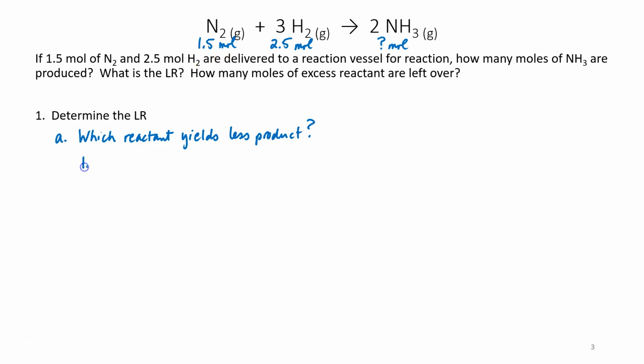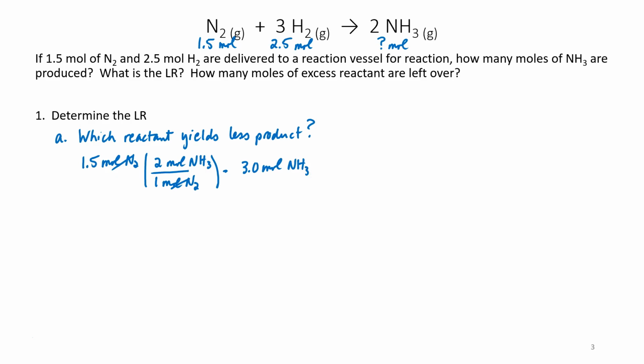If we have 1.5 moles of nitrogen, and for every 1 mole of nitrogen, I'm going to make 2 moles of ammonia, that means I could make 3 moles of ammonia if nitrogen is the limiting reactant.